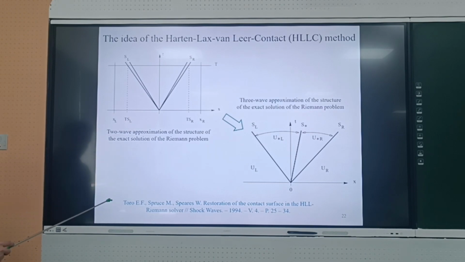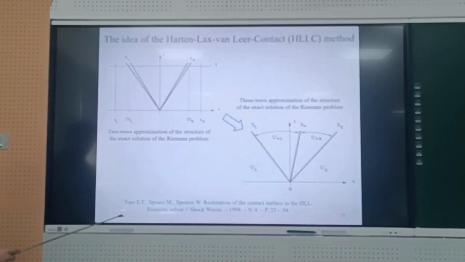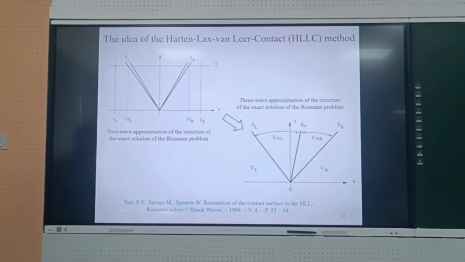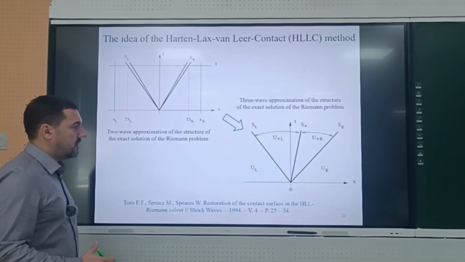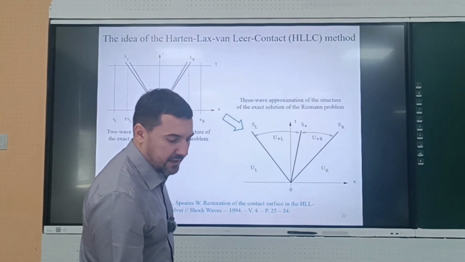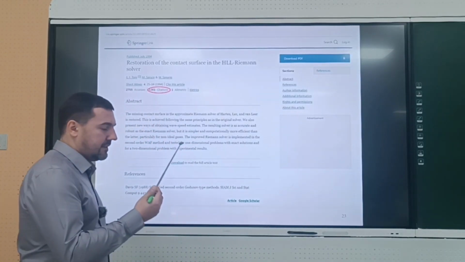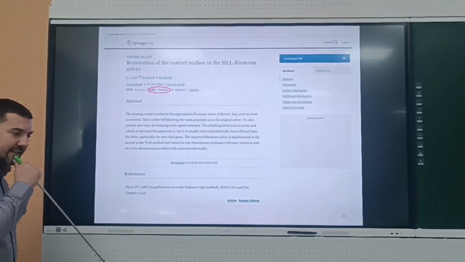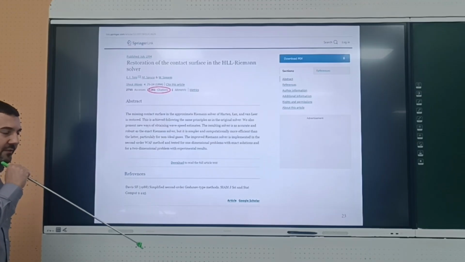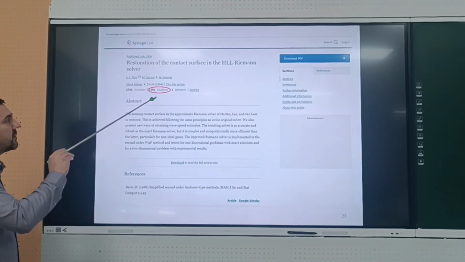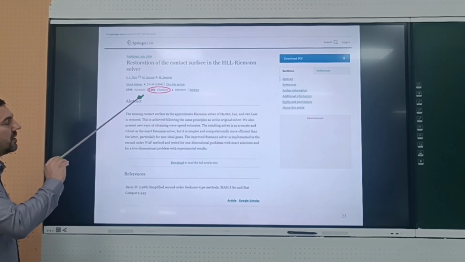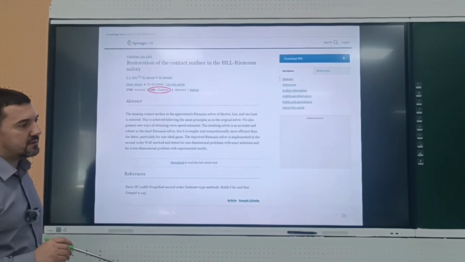This consideration was carried out in a paper by Toro with co-authors in the Shock Waves journal in 1994. And actually, you can find this paper, you can check. I made a screenshot several years ago to illustrate that this paper has more than 1,000 citations.